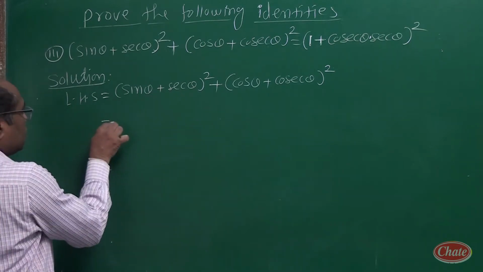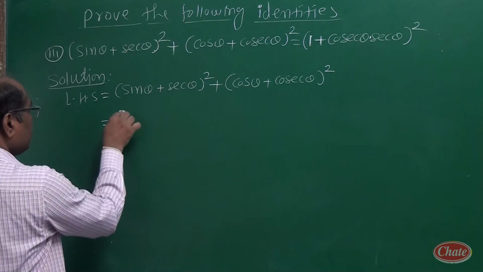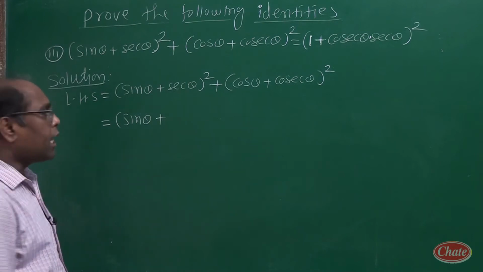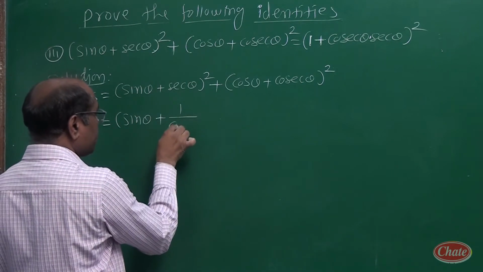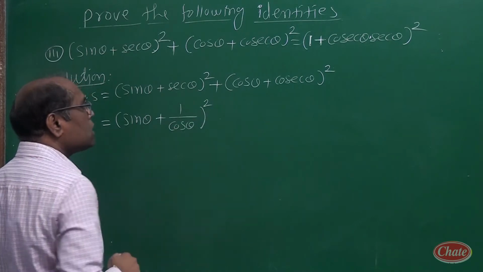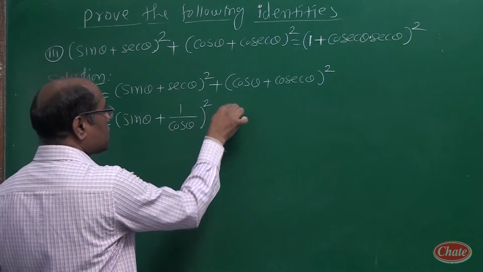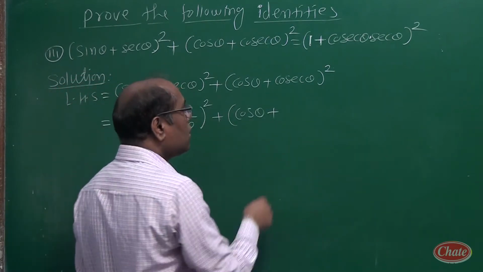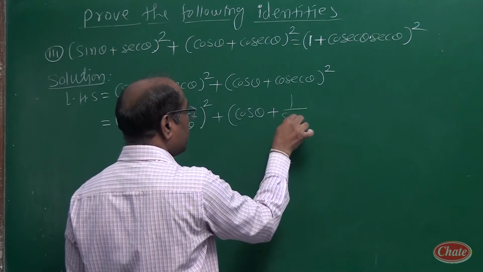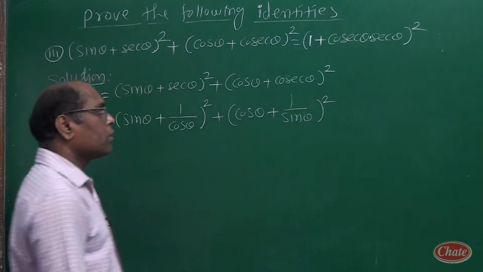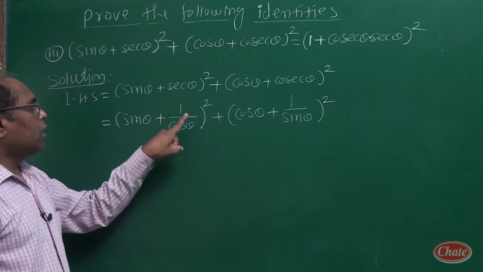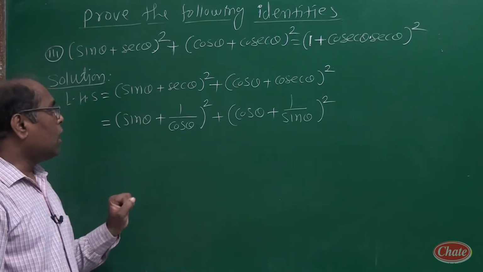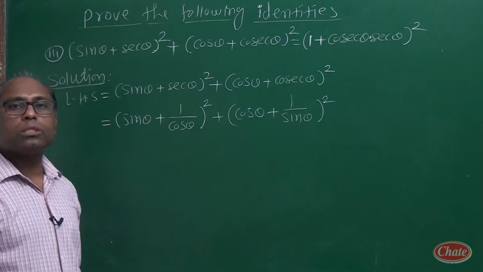So that is equal to (sin θ + sec θ)², where sec θ can be written as 1 upon cos θ, plus (cos θ + cosec θ)², where cosec θ means 1 upon sin θ. Now in both the brackets we have to take the cross multiplication.